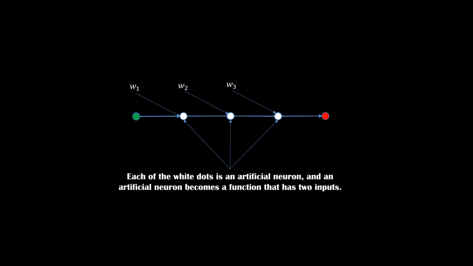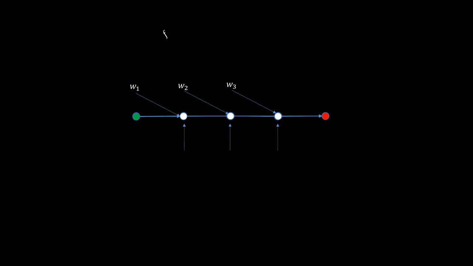Each of the white dots is an artificial neuron, and an artificial neuron becomes a function that has two inputs. These are mappings of points to functions with two inputs.